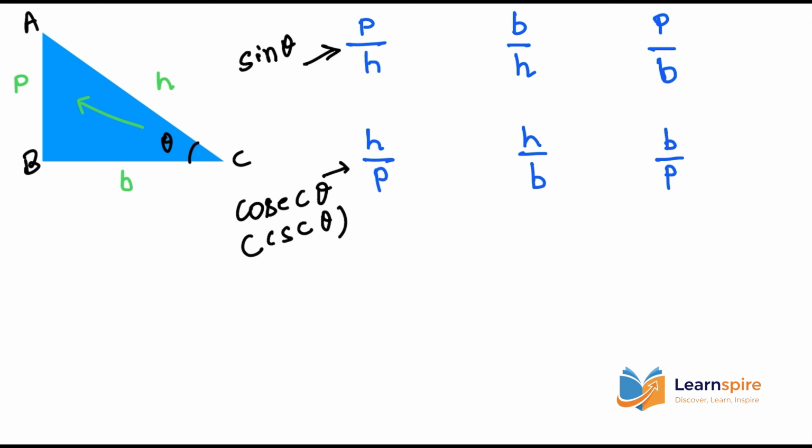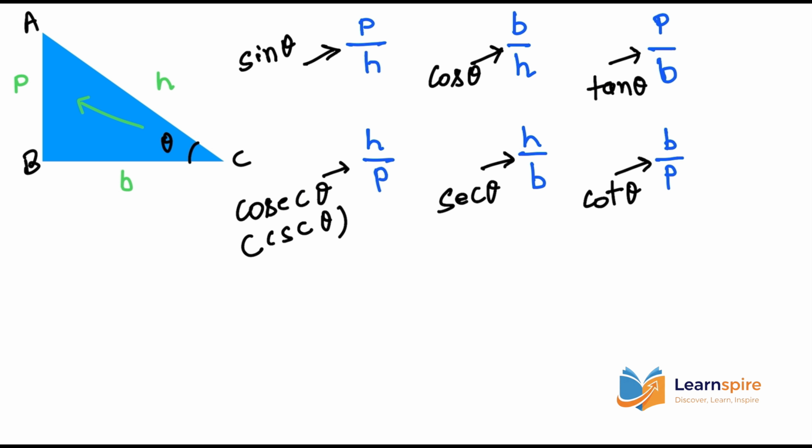Now, moving on to the second ratio, we call this ratio cos theta and its reciprocal sec theta, and we call the ratio of perpendicular to base tan theta and its opposite cotangent or cot theta. Now, as we are done with writing all the six trigonometric ratios, let's move ahead to the proof.